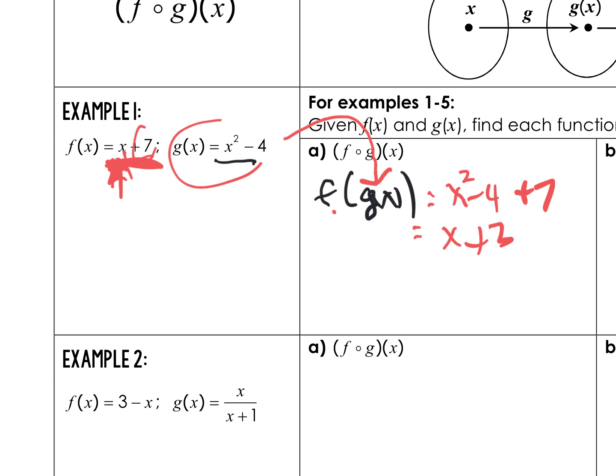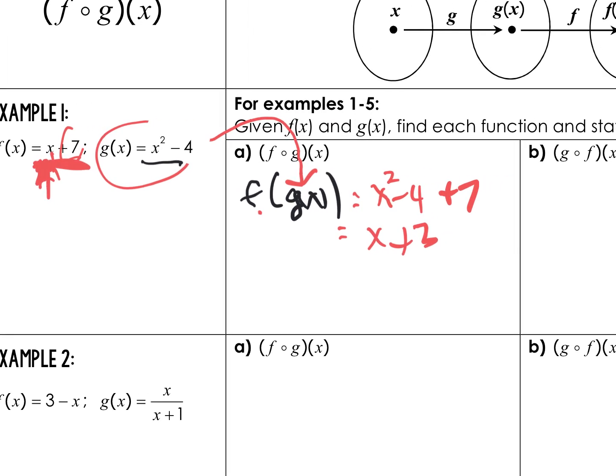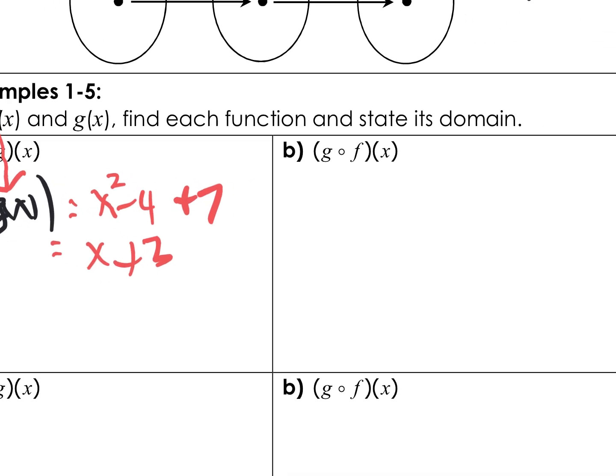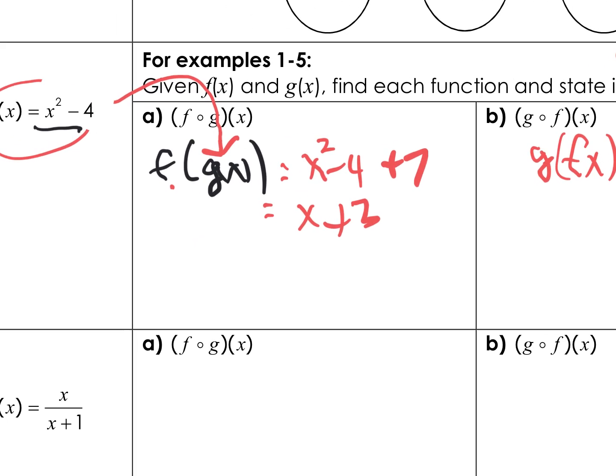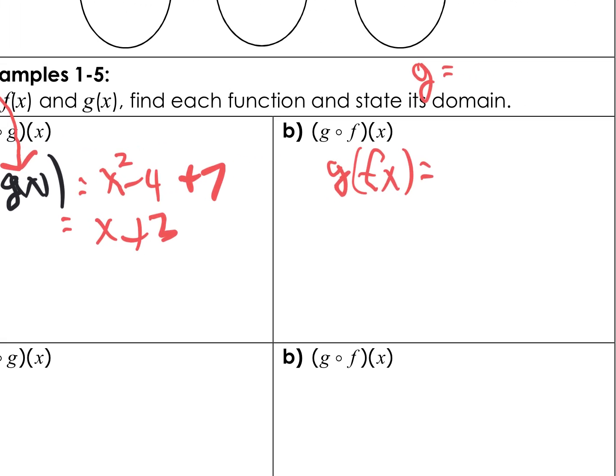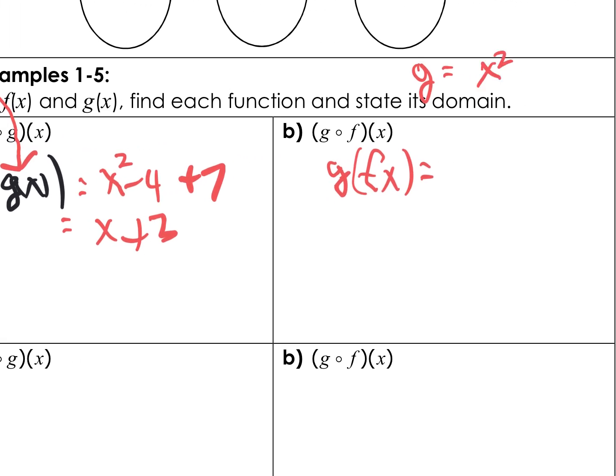Now what we're going to do over here, I'm pretty sure we're going to take the g, and the g is so hungry, the g is going to eat the f of x. So what was g? Let me look over here again. G was x squared minus 4. So pay attention to this x right here.